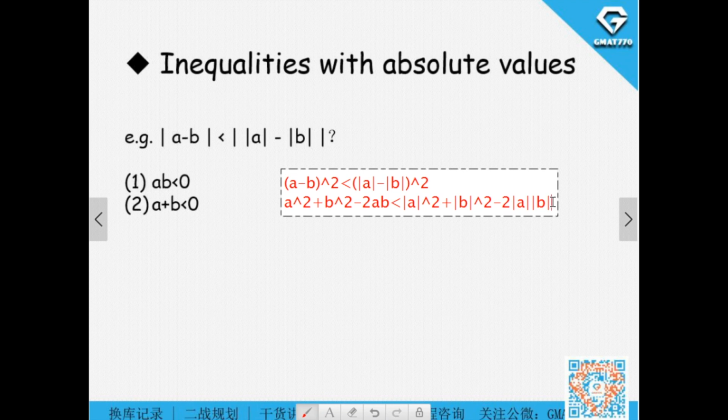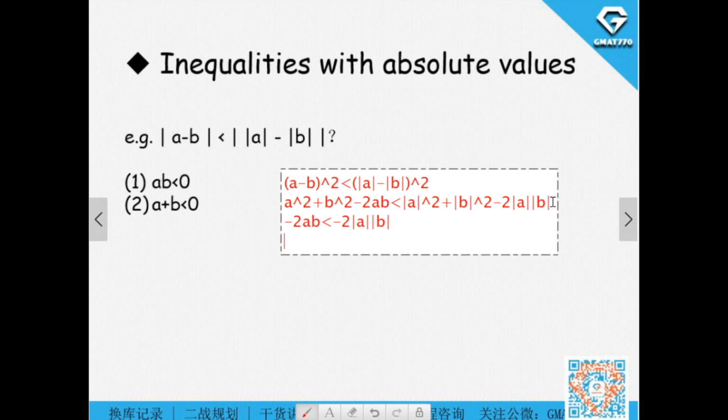The left side has the square of a and square of b, and the right side has the square of absolute value of a and the square of absolute value of b. And actually they are the same, so you can cross them out together. So you only have the -2ab on the left, and you have -2 times the absolute value of a and absolute value of b on the right.